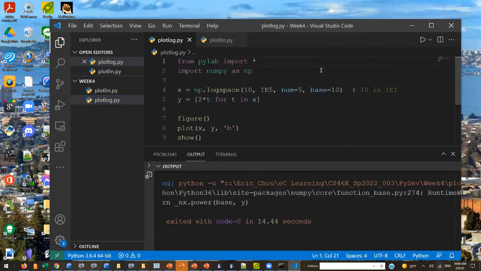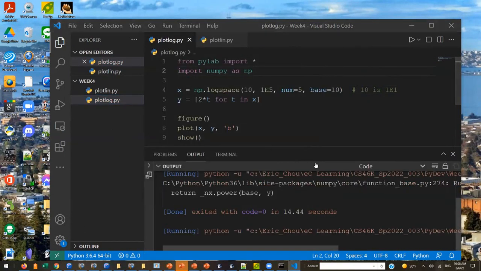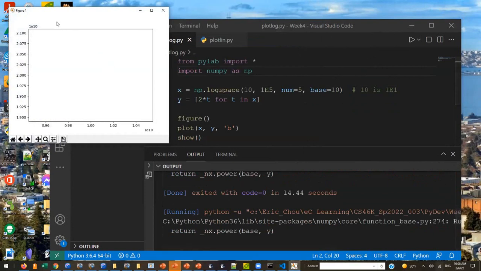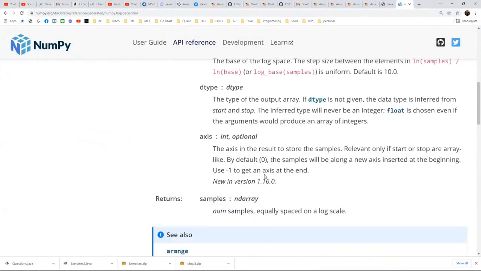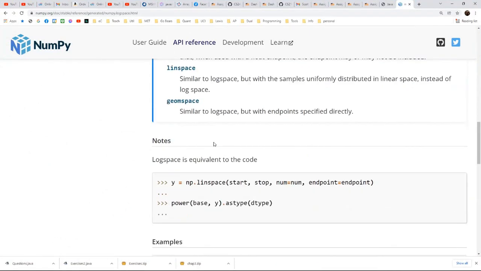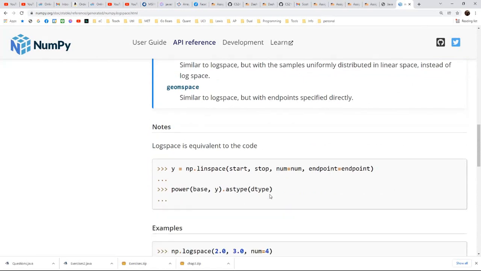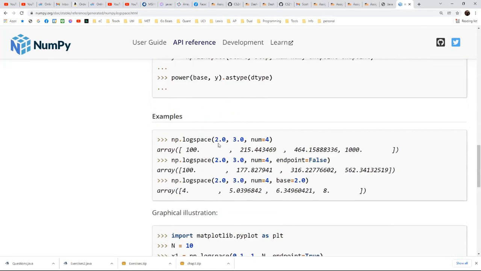Try one more time. We still don't get the plot. One moment. Here the parameters are start, stop, num and endpoint. Log space is 10 to the power 2. Sorry, actually using log.